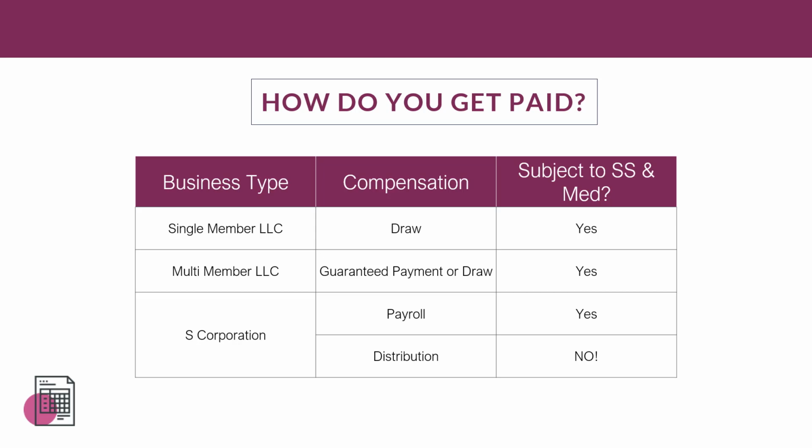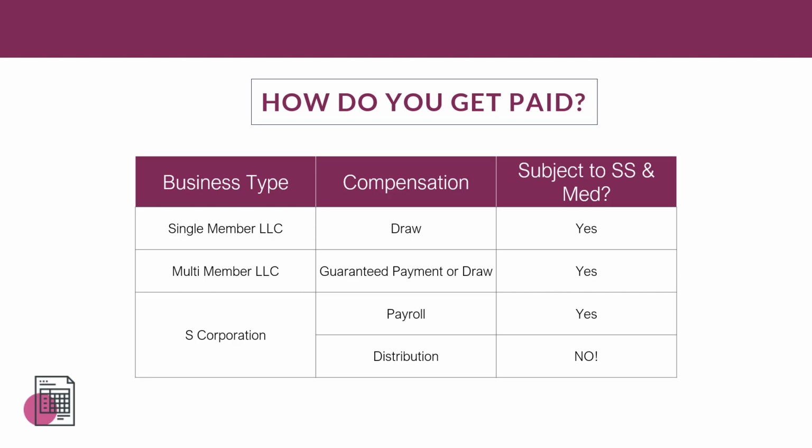It can also be called a guaranteed payment, but either way, you're essentially just transferring money out of the business into your personal account. These payments are all subject to Social Security and Medicare taxes, aka self-employment taxes, in addition to the regular income taxes.